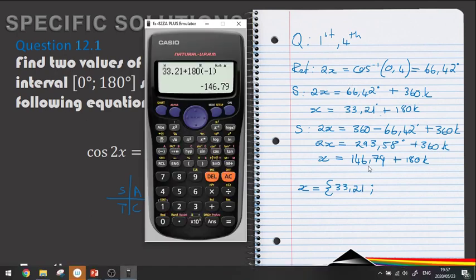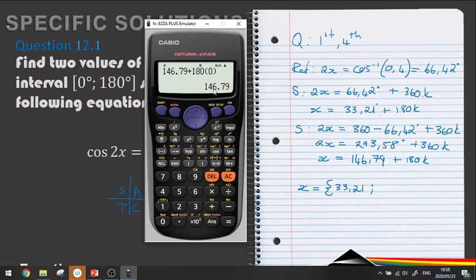Then I know there's 2 because the question says there's 2. If I look at my other general solution, I've got 146,79 plus 180k, so I can put in 0 for k, and once again I would have this as my solution.